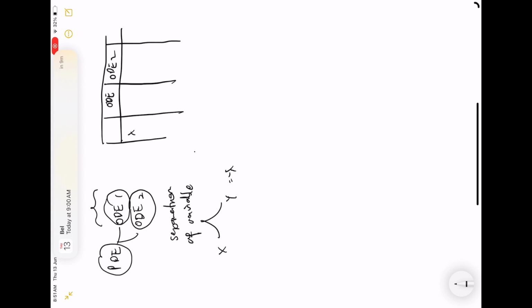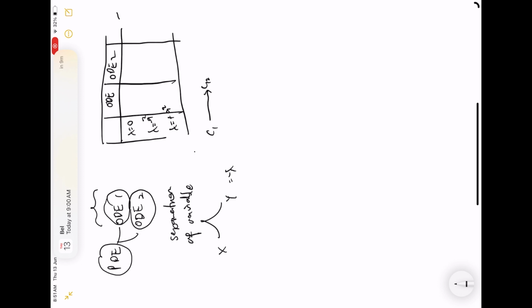Lambda is equal to 0, then the second one is lambda equal to negative a squared, and then lambda equal to positive a squared. So you will get the answer in terms of C1 until C12 that I showed you last week. So today we will go through it again.